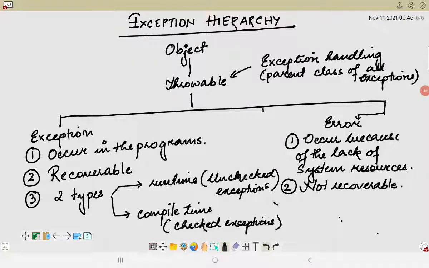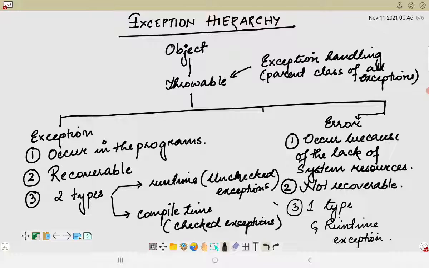On the other hand, in errors, we can have only one type, which is the runtime exception, which we can also call an unchecked exception. Okay, so these are the primary differences between an exception and an error.